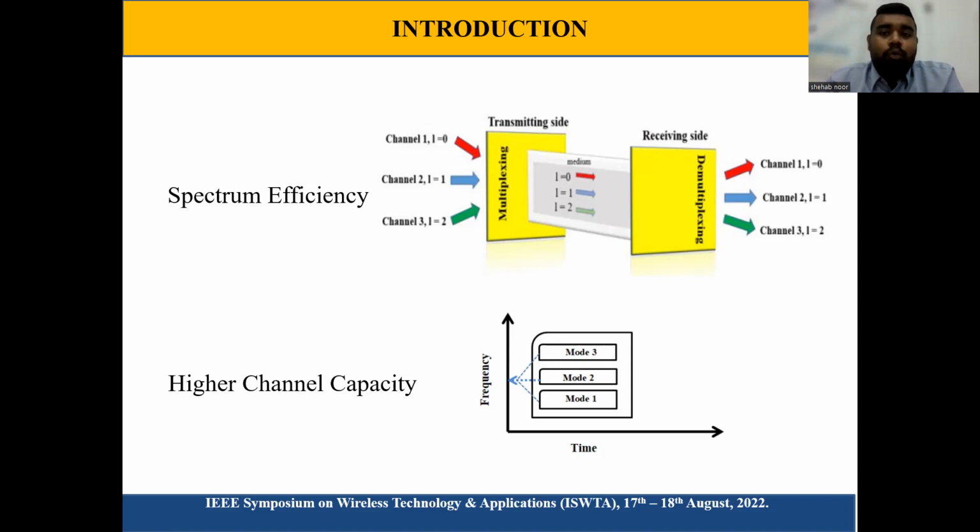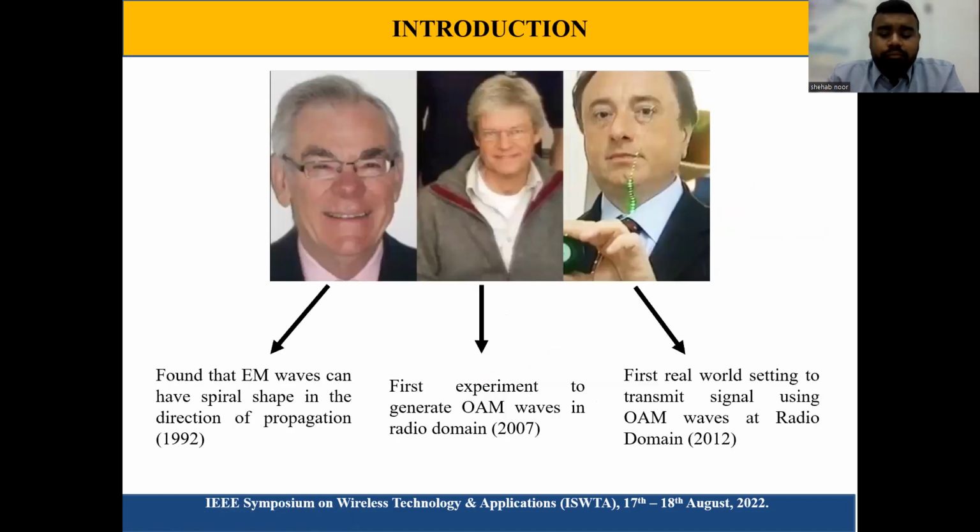Here, different modes are assigned to different users, unlike the conventional ones such as FDMA, where you allocate different frequency, or TDMA, where you allocate different time, or CDMA, where you allocate different code for different users. But OAM provides MDMA, a new type of multiple access.